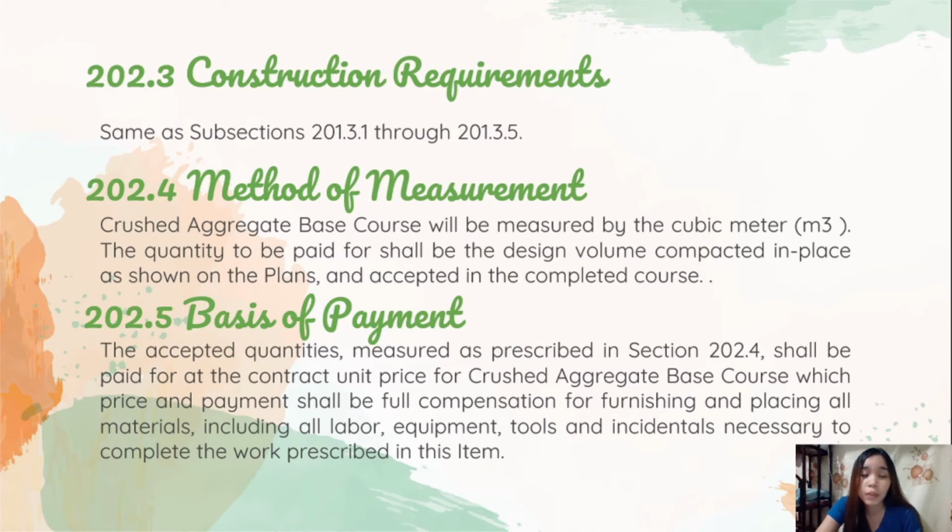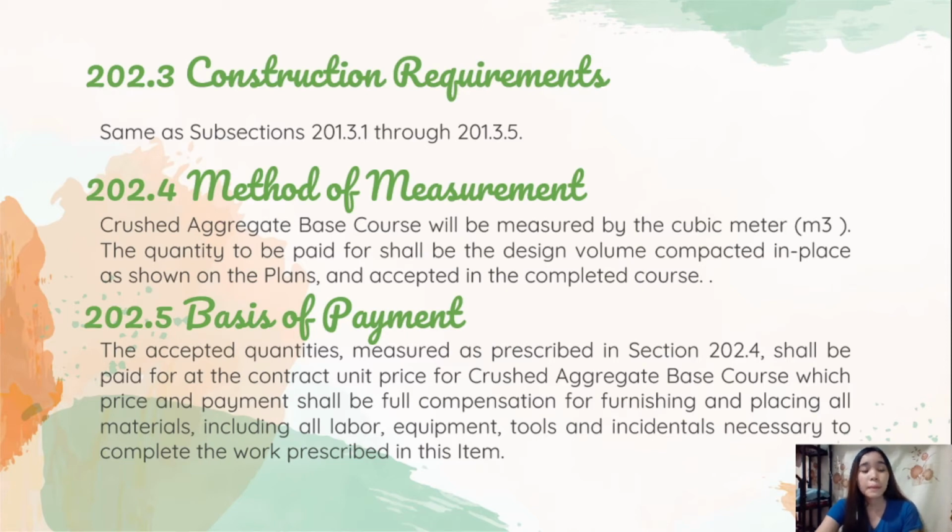Then the quantity to be paid for shall be design volume compacted in place as shown on the plans and accepted in the complete course. Then also, no allowance shall be given for materials placed outside the design limits shown in the cross-section. Then the trial section shall not be measured separately but shall be included in the quantity of crushed aggregate base course.